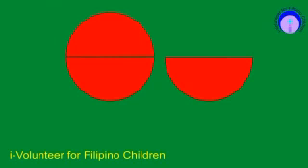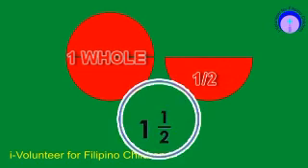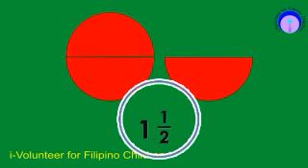This figure tells us that there is one whole and half of a whole. As a mixed number, this is 1 and a half, or 1 and 1/2. The question is, how will we convert 1 and a half into improper fraction? How?